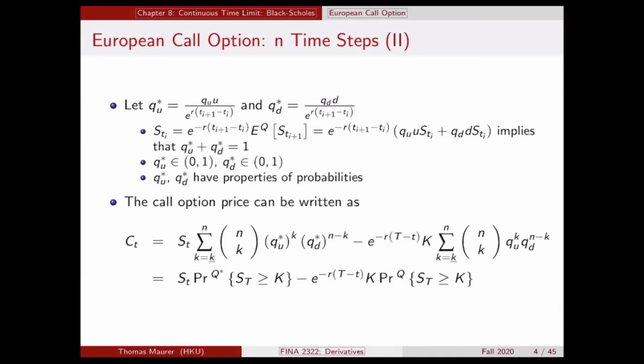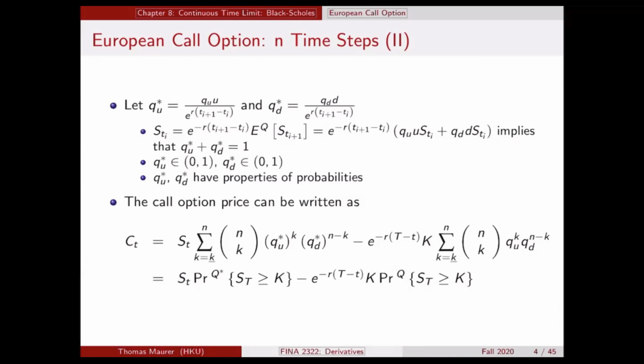So we can write this whole summation over all these probabilities just as the probability that the price of the underlying asset is larger than K, or in other words, our call option is going to be in the money. So the interpretation is you have here the price of the underlying asset multiplied by the probability that your call option is in the money, but this probability is taken under that artificial probability measure Q star.